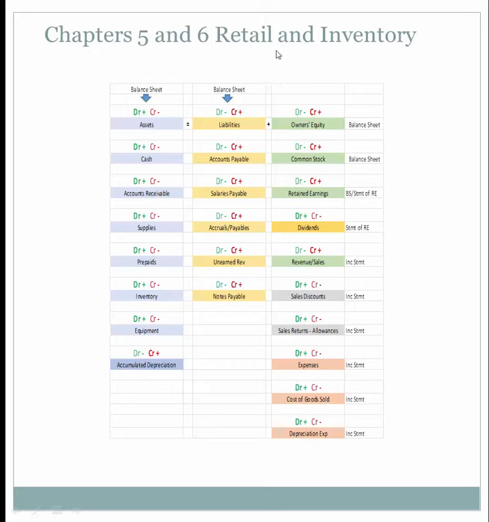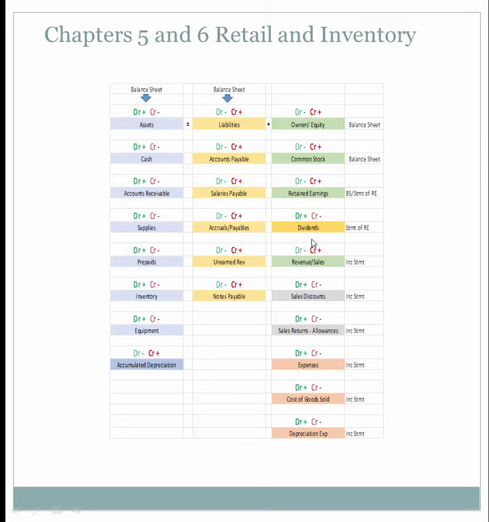Next, we learned about retail and inventory. We learned about the various retail accounts. So we had inventory as an asset which we added in this chapter, and it is debit based. And we also learned about some contra sales accounts. We learned about sales discounts and sales returns and allowances. Those are contra to revenue.